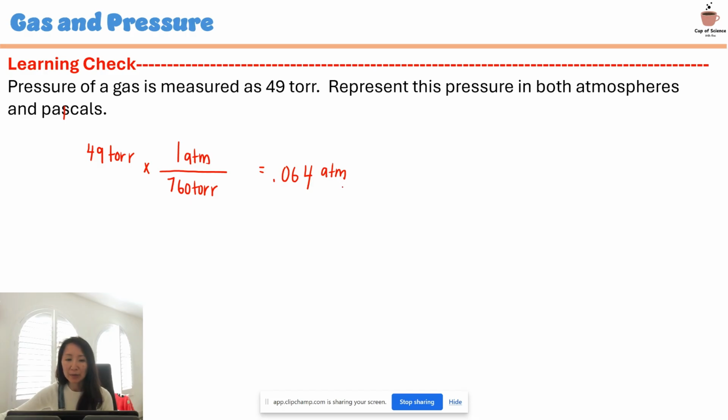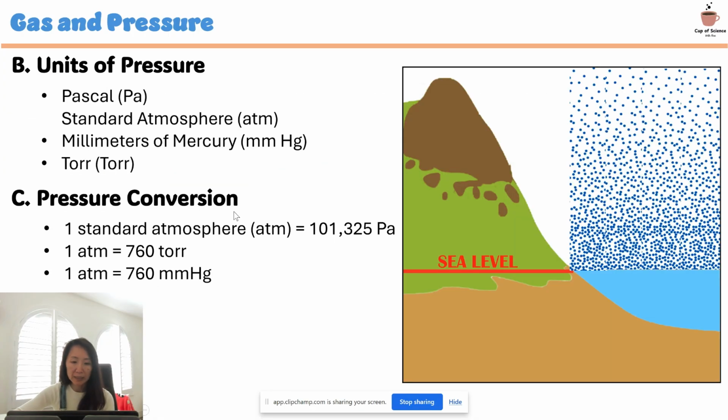That's in atmospheric pressure. Now I want to go to Pascal. So I have 49 torr, and if you look at the slide before, there's no relationship between torr and Pascal, but there is a relationship between ATM and Pascal. We actually know the atmospheric, and so we can convert this into Pascal.